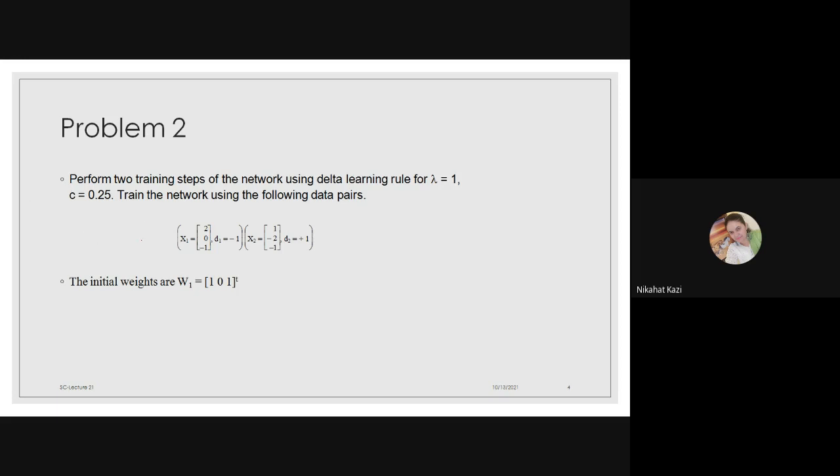Yes. As far as we are concerned, we have only two possible activation functions for this. If d is given like this, -1 and +1, then you go for the activation which has a range of -1 to +1. And which is that? Bipolar sigmoid. So that is what you're going to use.